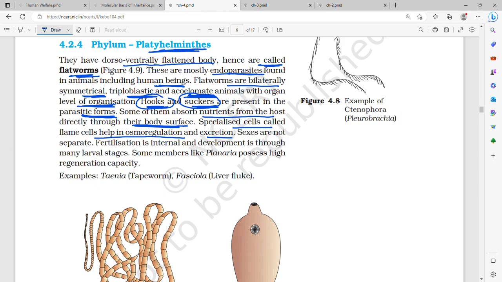So which one absorbs nutrients directly from the body surface? Tapeworm.